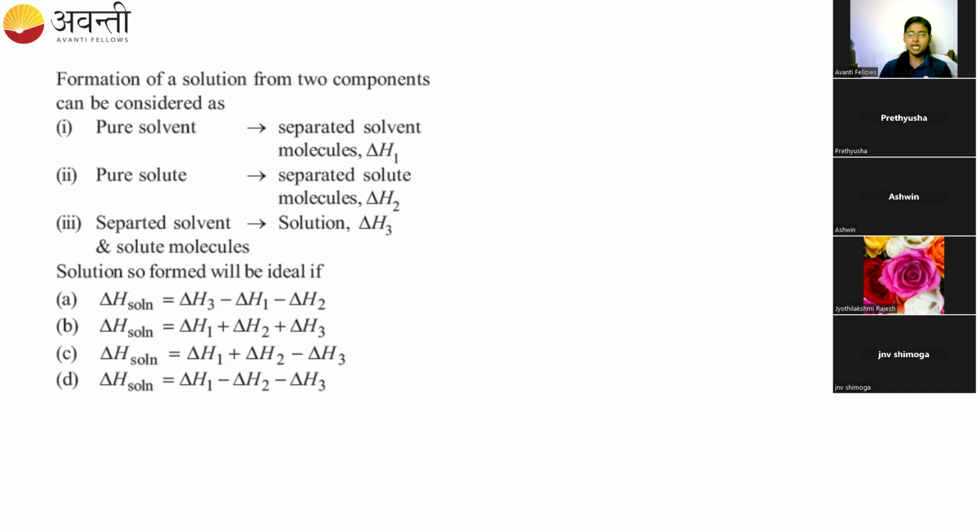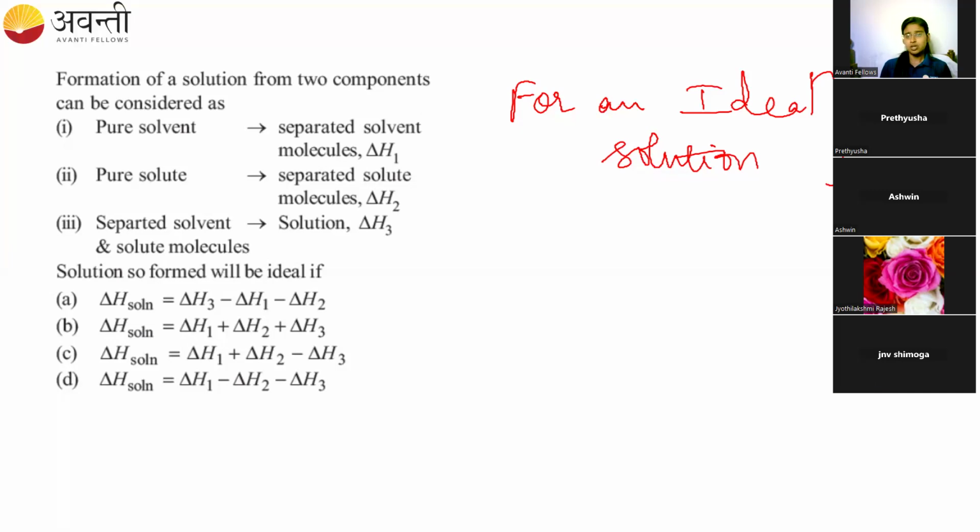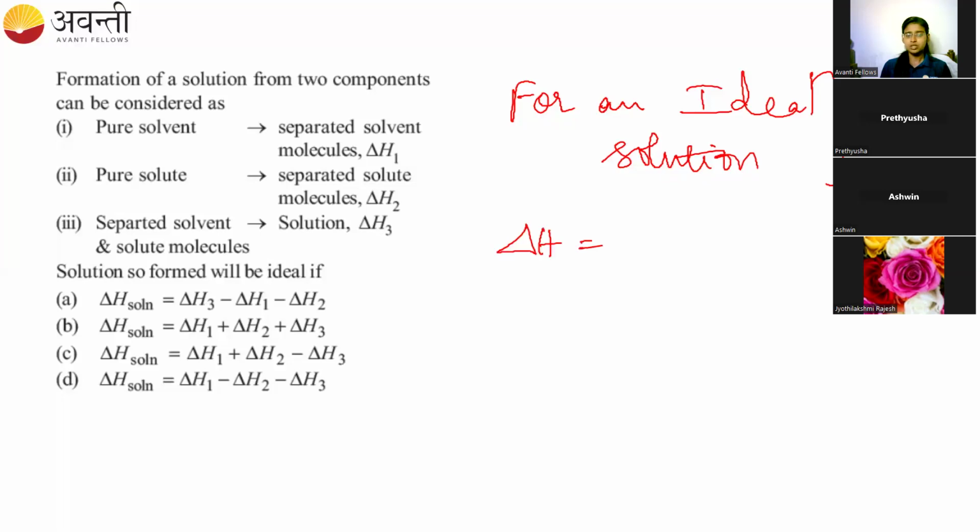The solution so formed will be ideal if... For an ideal solution, what we have studied, delta H mix is equal to 0. Delta H of the mixture will be equal to 0. So if it is equal to 0, then from Hess's law, delta H is equal to delta H1 plus delta H2 plus delta H3. Okay.